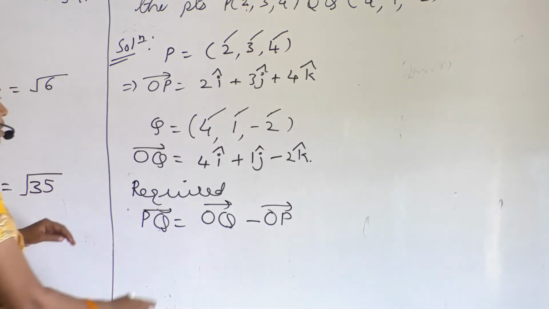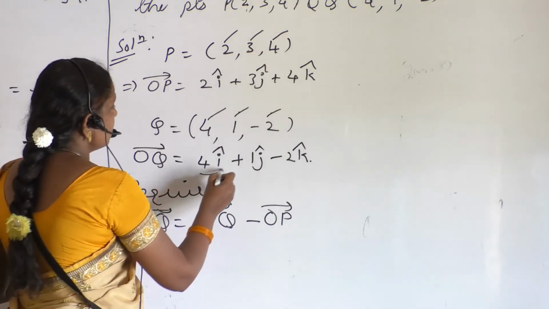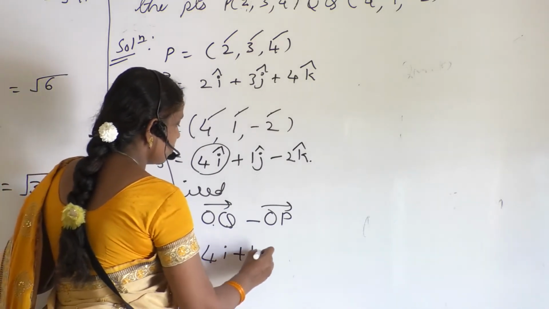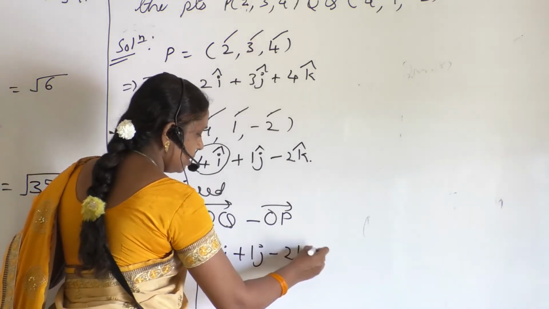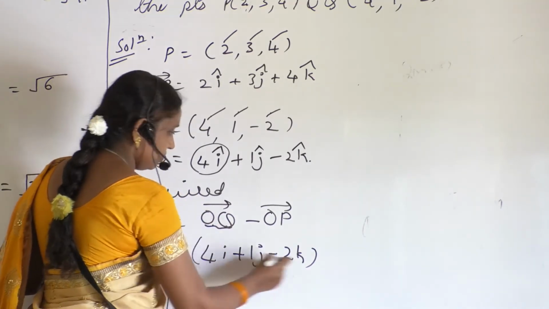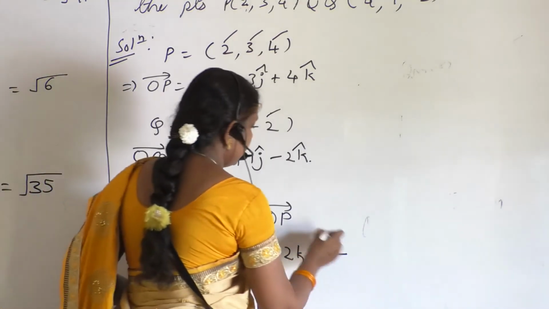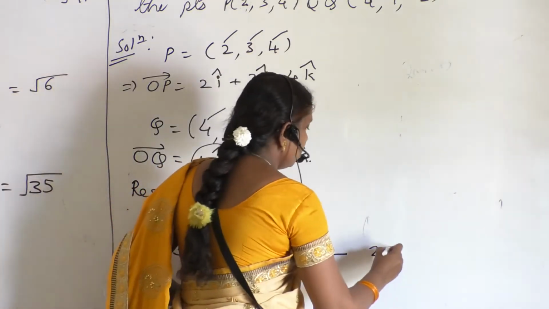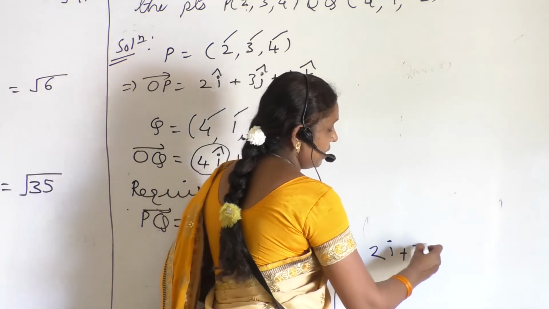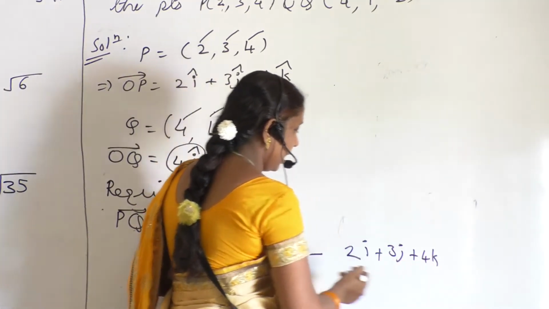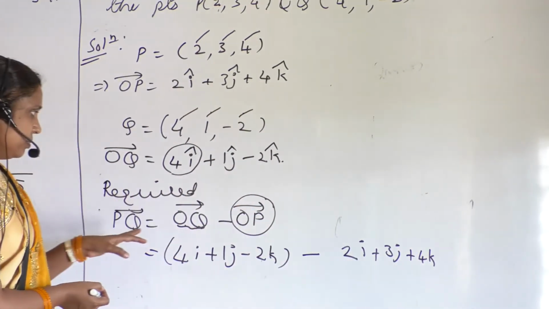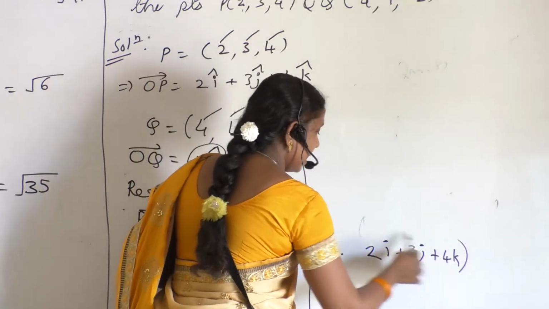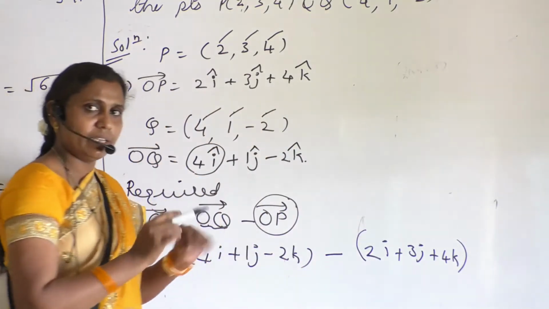OQ minus OP means 4i plus 1j minus 2k, this is OQ, minus OP, which is 2i plus 3j plus 4k. If you write it like this, it will be wrong. Why is it wrong? You have to put all this data in parentheses. Then it will be correct.